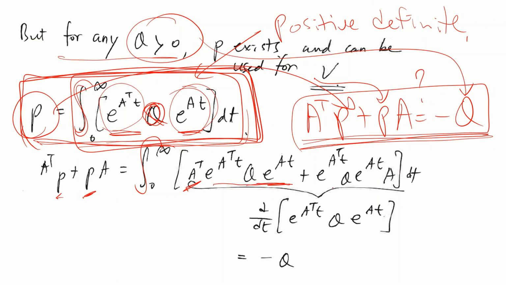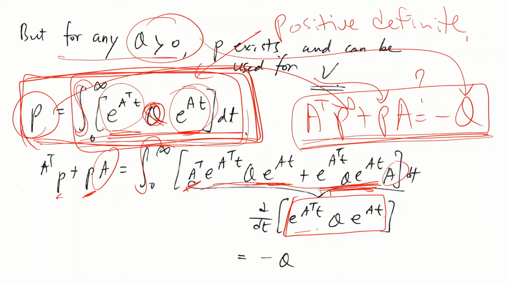Now P comes first, so you put this P here and then A. You can check that this is the differentiation of this one with respect to t.